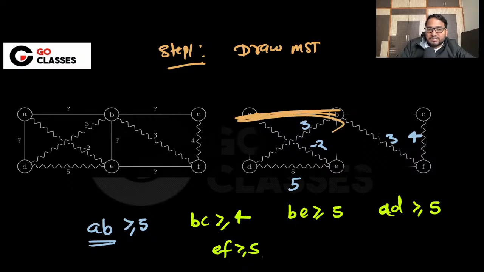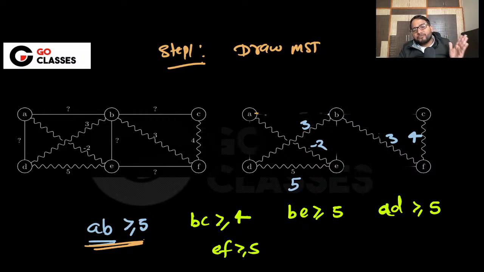That is what I'm writing here. Let me know if you guys are getting it, because this is a very nice type of question that we are solving here. This AB must be greater than or equal to 5. Understood? Similarly, you talk about any edge.